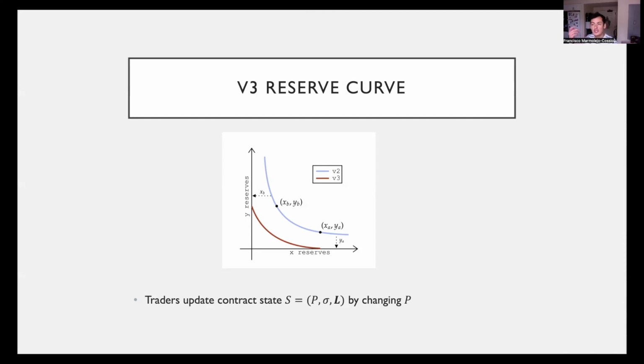And the benefit of this, and this is actually where we see the savings, or the fact that purchasing liquidity over smaller intervals is cheaper in a certain sense, is that if you wanted to support these same movements in a V2 contract and have this blue curve, but prices remained inside of this interval, inside of these two black points, there is some liquidity that would never be used.